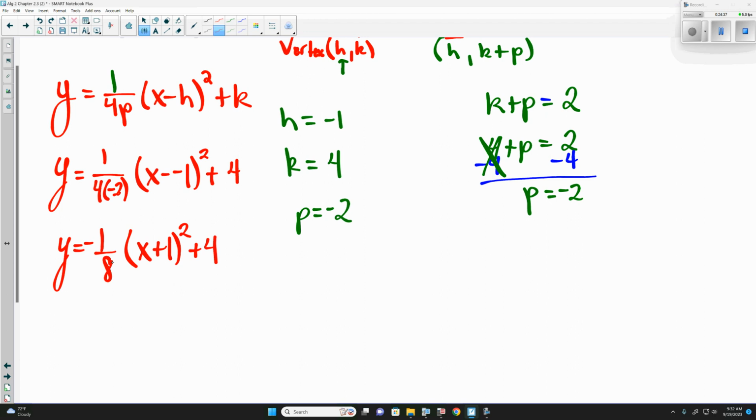So our 1 over 4 times negative 2 does become negative 1/8. And we get this here. Questions on this here?